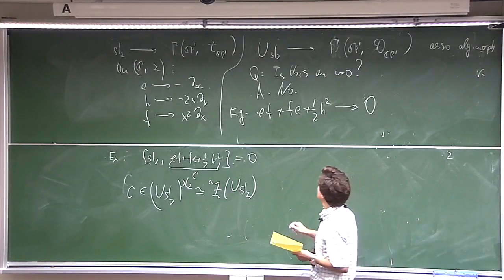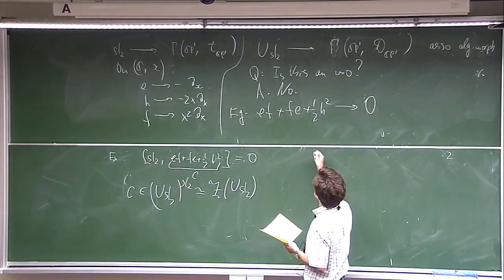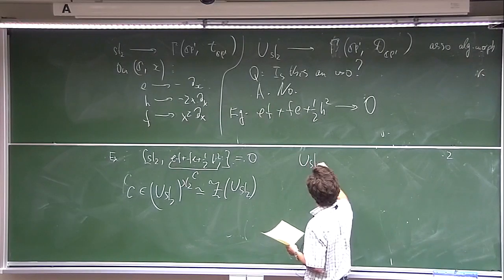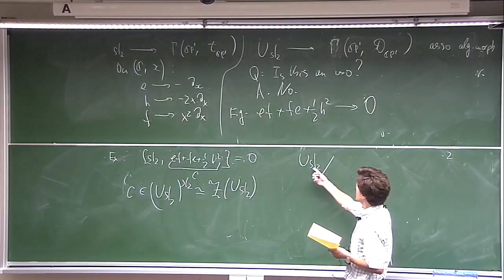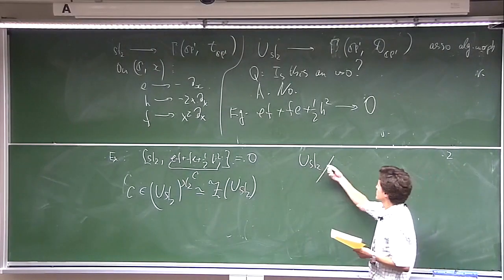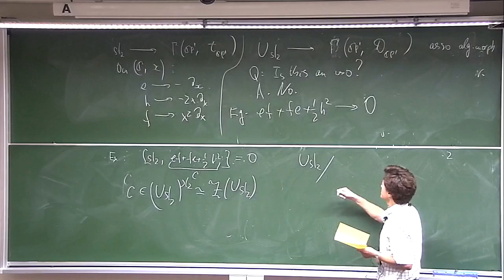And so that morphism factors through the morphism of the algebra mod out its ideal generated by the center.